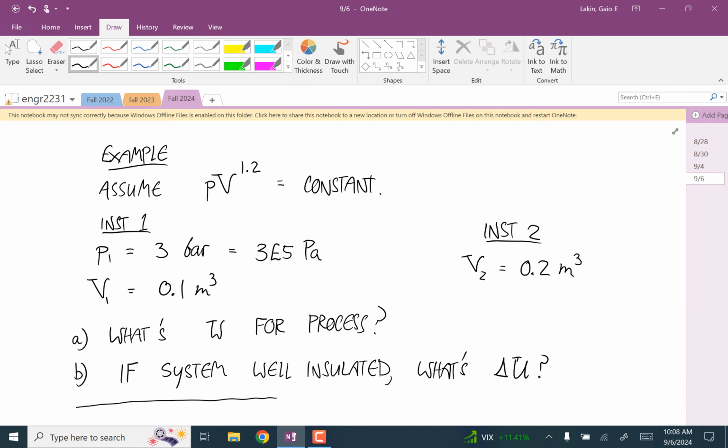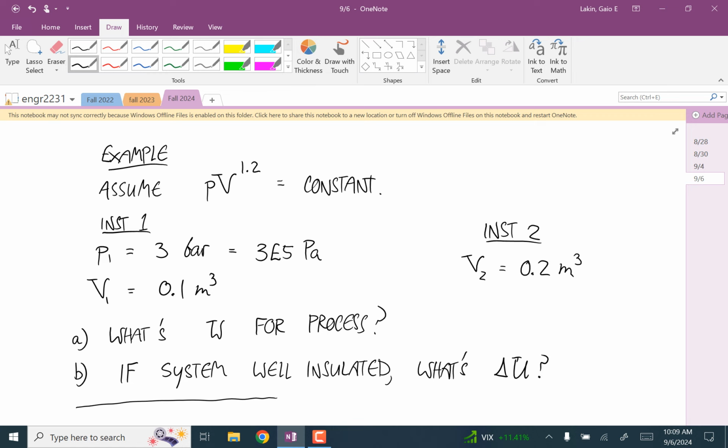And just to jog your memories, how are we going to calculate that work? How are we going to calculate W? What's our game plan here? Yes, exactly. So the thing about these polytropic processes, they're almost always going to come up in problems where it's going to be helpful to compute that integral to calculate work. Okay?